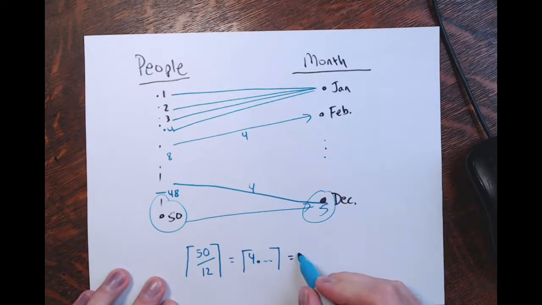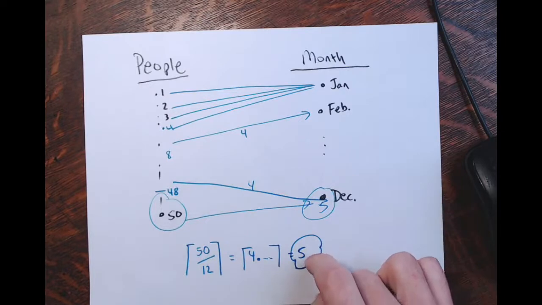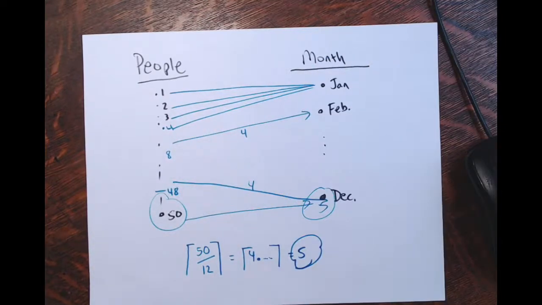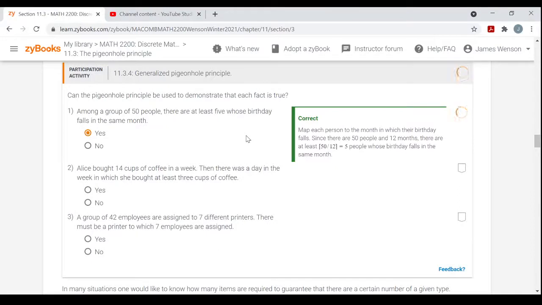But the ceiling would be 5. So the generalized pigeonhole principle tells us that there's at least one element in the target that has 5 elements in the domain mapping to it. There are at least 5 people that have the same birth month. So yes, we can state this from the generalized pigeonhole principle.